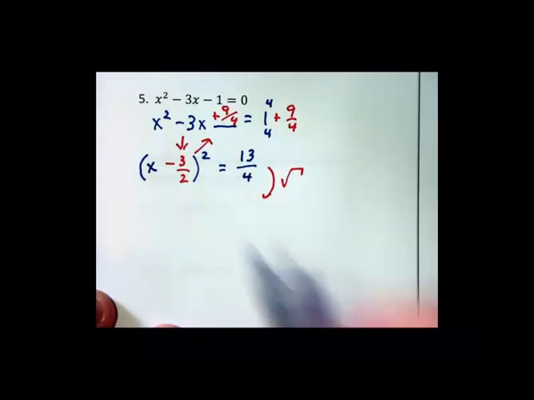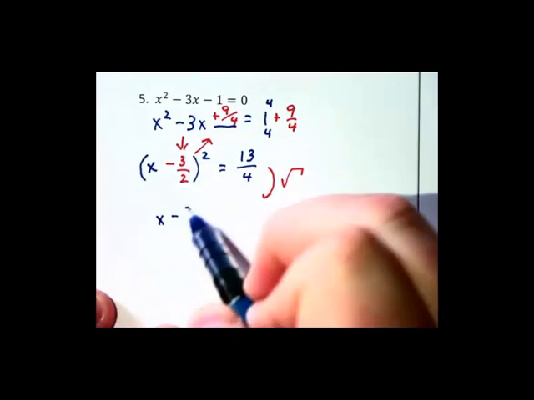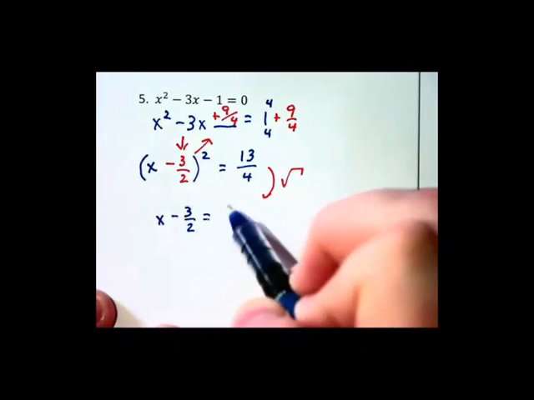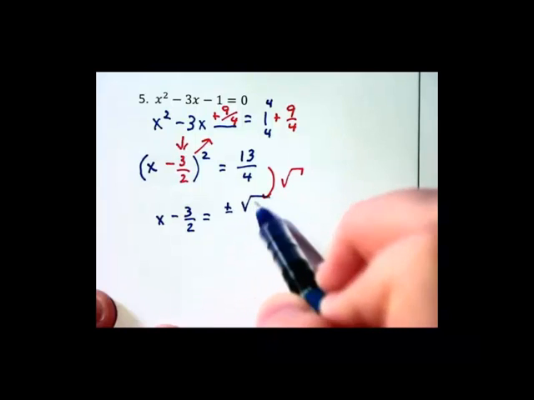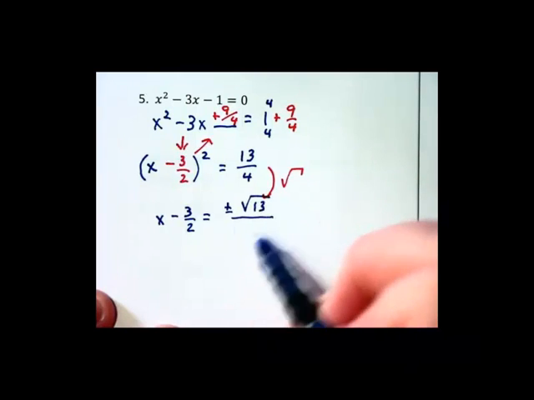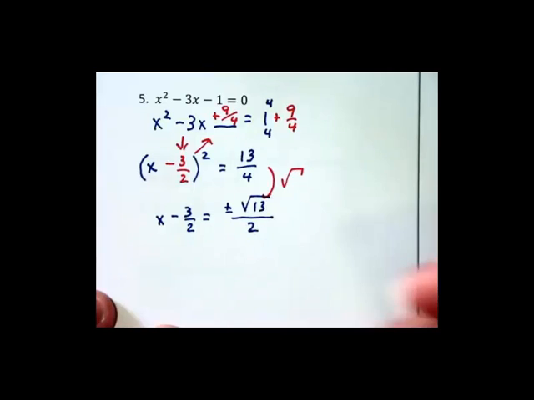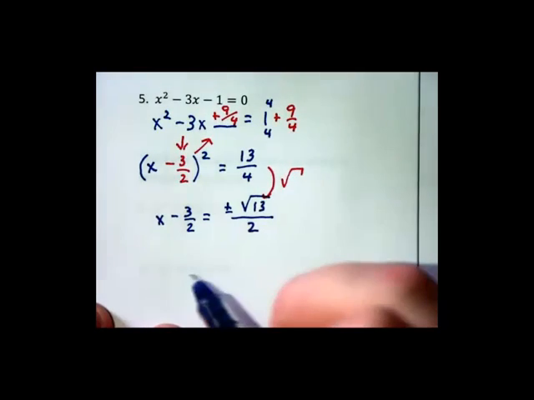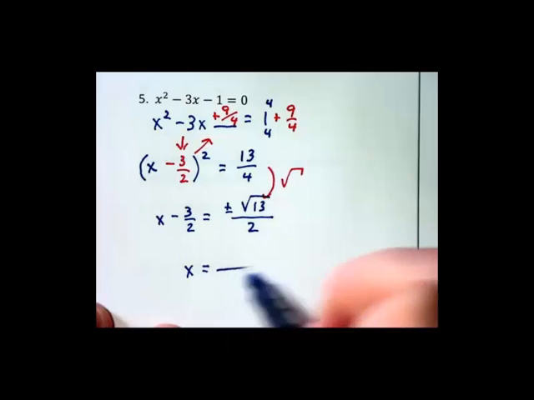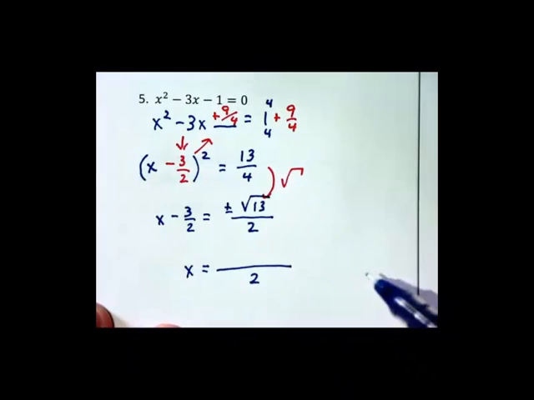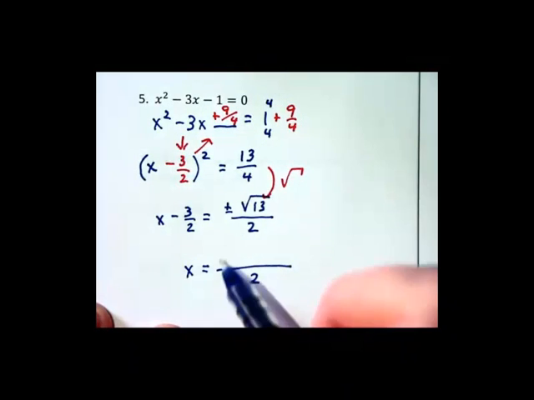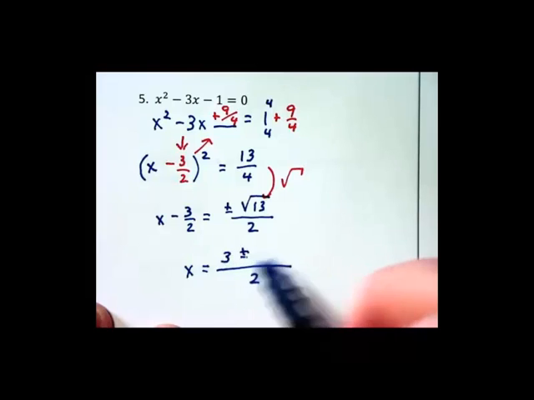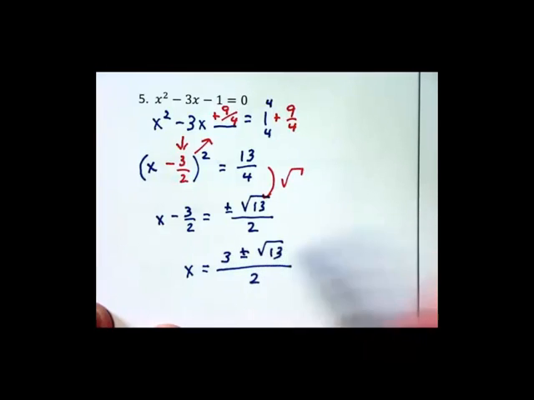The left side of the equation is going to be x minus 3 halves, and the right side plus or minus root 13, and again the 4 is going to square root to a nice clean 2, which is really nice. So we can add the 3 halves to both sides, have a common denominator on the right, and this can be written as 3 plus or minus root 13 all over 2.